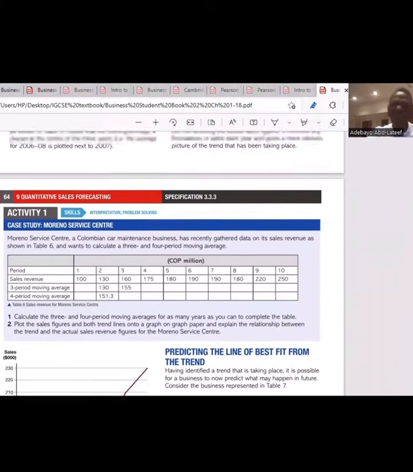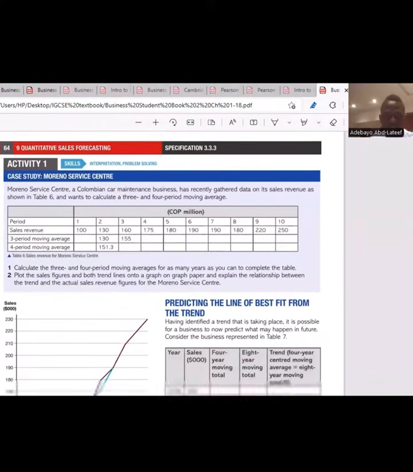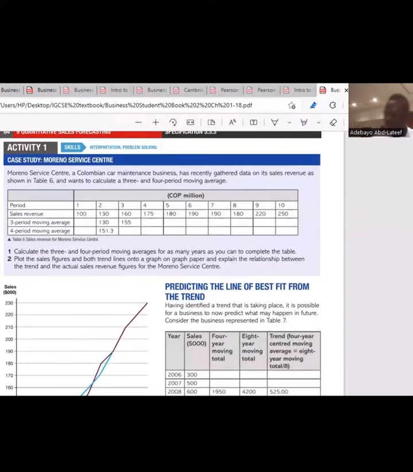So, okay, then we have the activity 1 before we go to the next lesson. For the activity 1, the question says, Moreno Service Center, a Colombian car maintenance business, has recently gathered data on its sales revenue as shown in table 6. That's the table. We have period 1 to period 10.